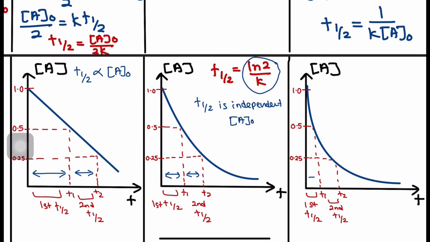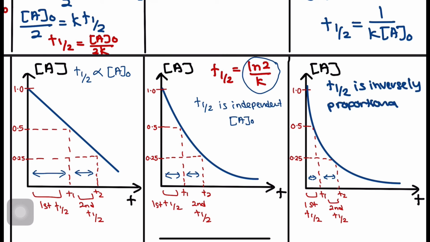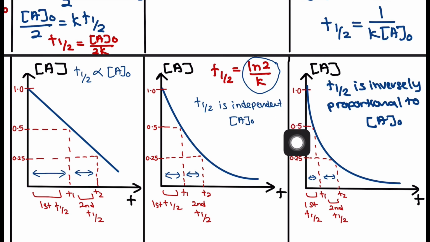It should be visible that the half-life is actually increasing. This matches with the half-life equation whereby half-life is inversely proportional to the initial concentration. Thus, as the initial concentration decreases, the half-life increases.